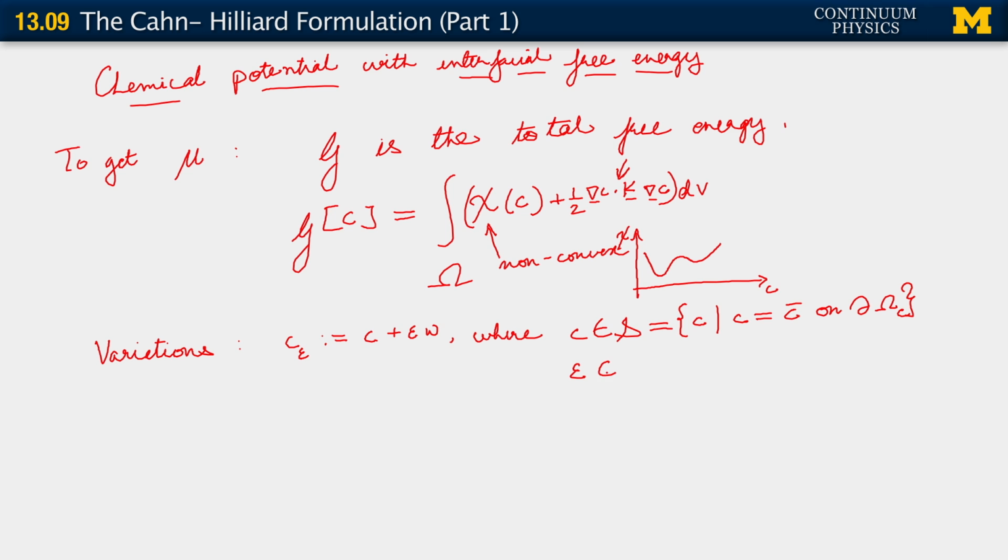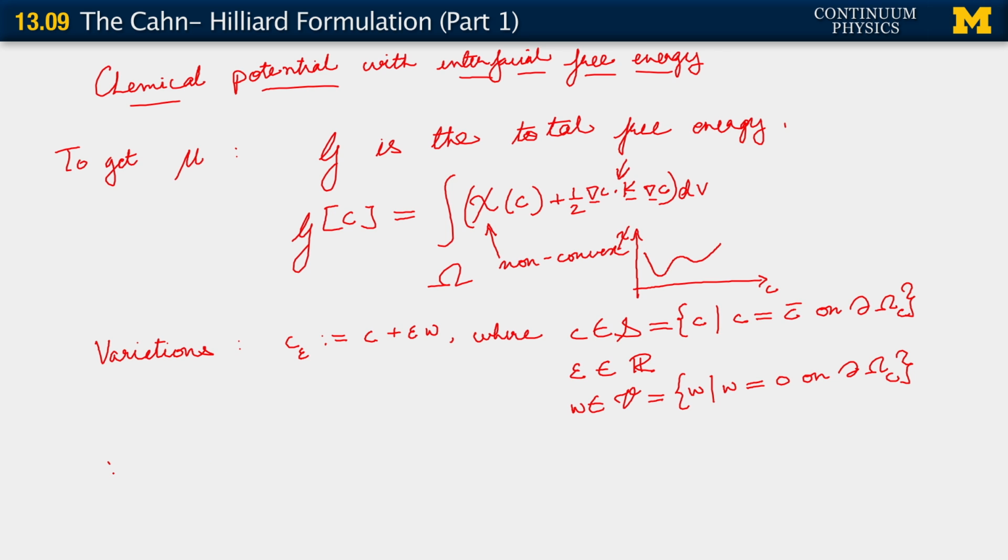Epsilon is a scalar. W, the variation, belongs to the space V, which consists of all functions W such that W vanishes on the concentration boundary, or the Dirichlet boundary or the essential boundary. Okay, so this is what we have.